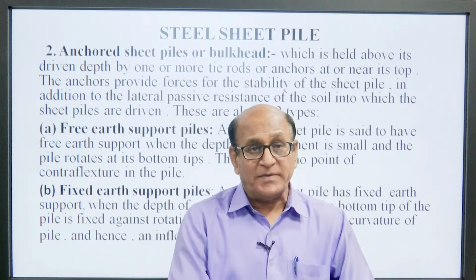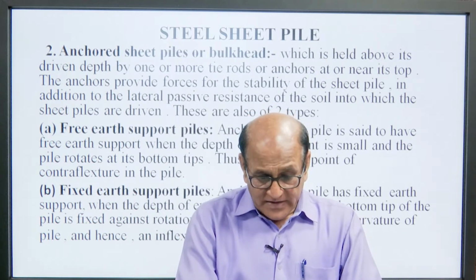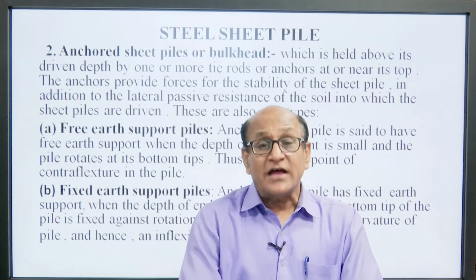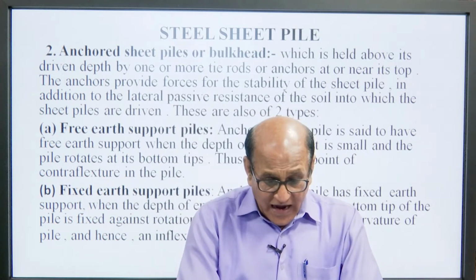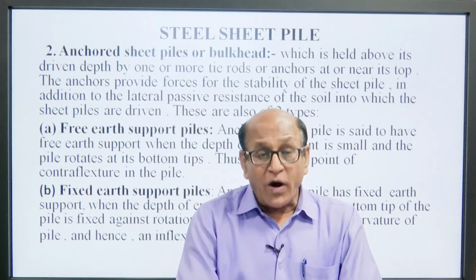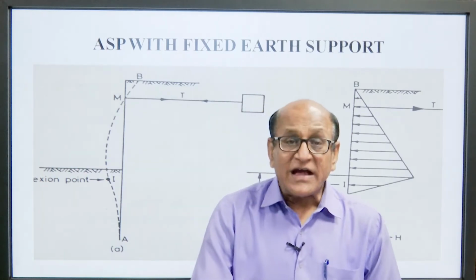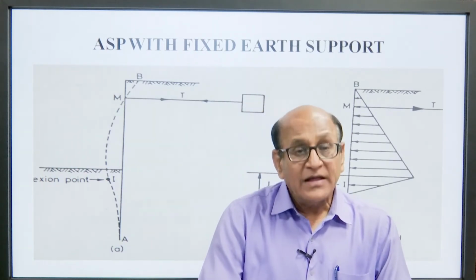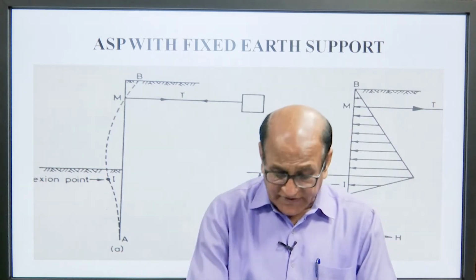This is the difference between free earth support and fixed earth support. There is a change in the curvature of the pile, and hence an inflection point occurs. So, we can see here the anchored sheet pile, and this is the condition that we have already discussed.